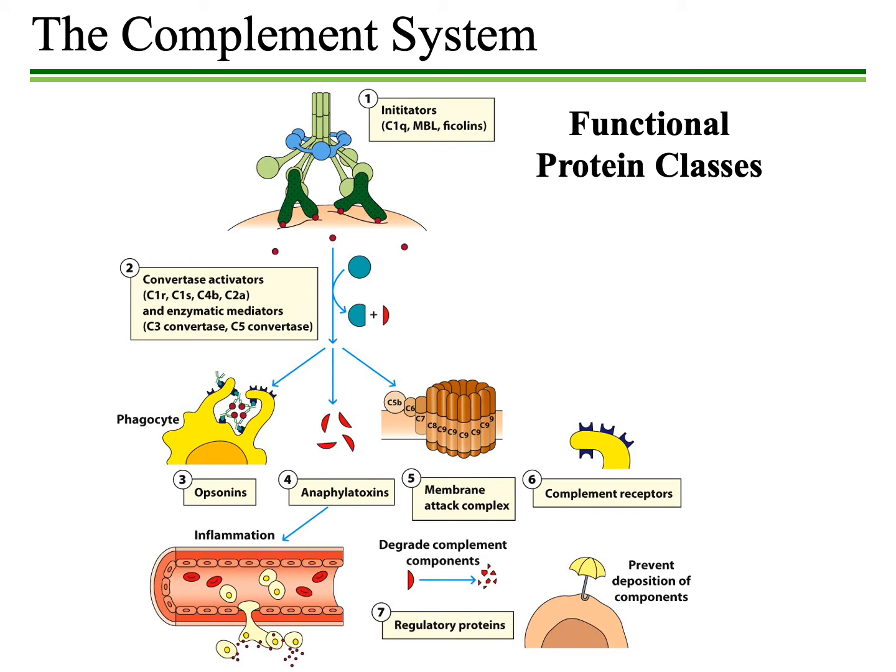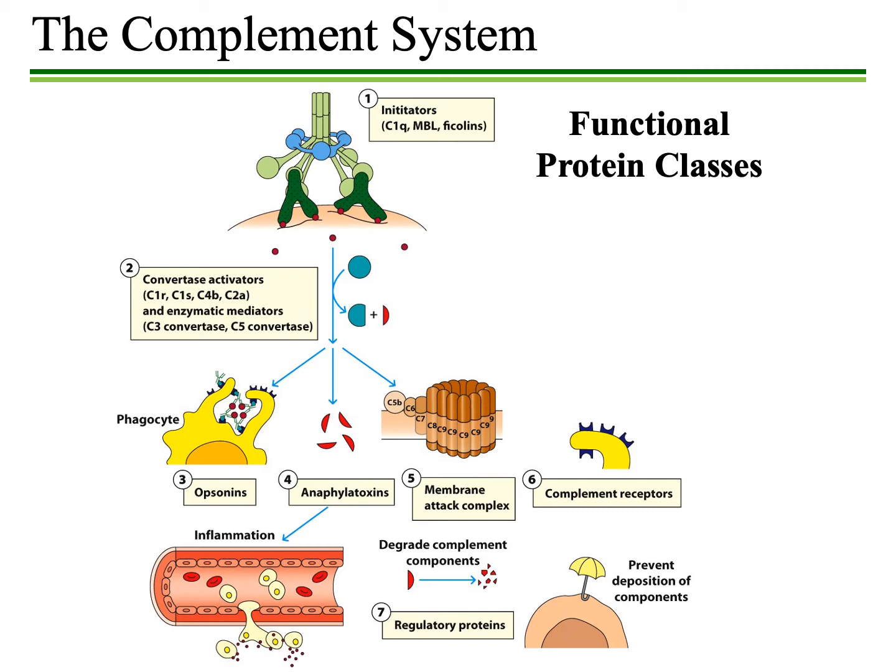The next one, number 2, are categorized as convertase activators. There is a key enzyme or several key enzymes known as convertases. These are enzymes that help convert the inactive components into the active components. Like I mentioned previously, this typically involves a cleavage of the inactive component to form an A and a B subcomponent.